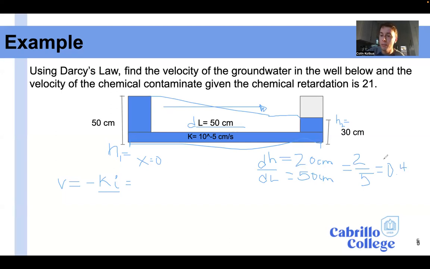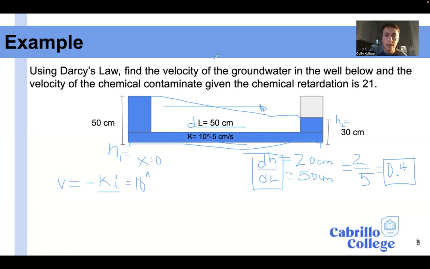And so we simply multiply 0.4 times 10 to the -5 centimeters per second. And remember, this is unitless. Make sure that you are working with the same unit on top and bottom, the same length on top and bottom. This can be centimeters, this can be meters, because by the time we calculate dH/dL or our I value, our hydraulic gradient, it has no units. So this is just 0.4.